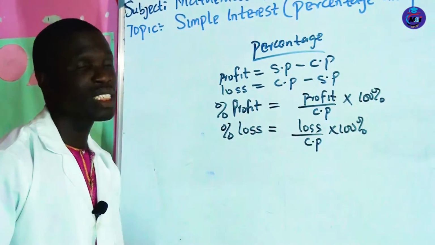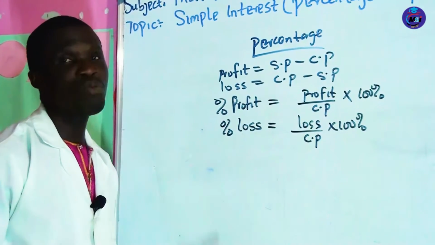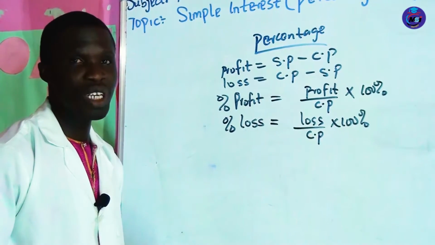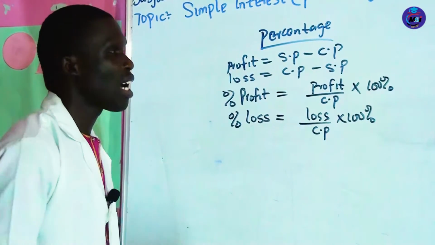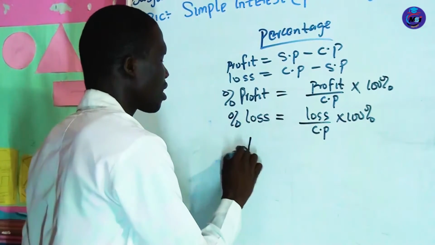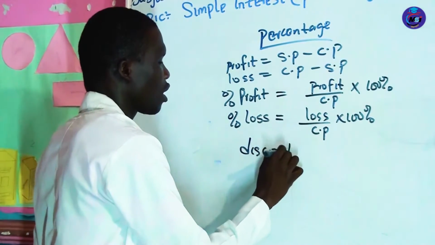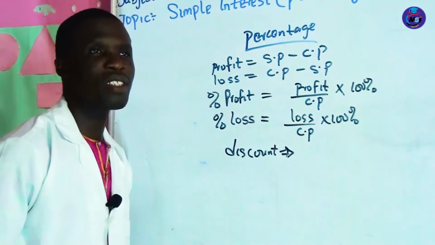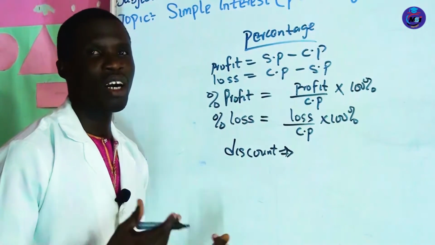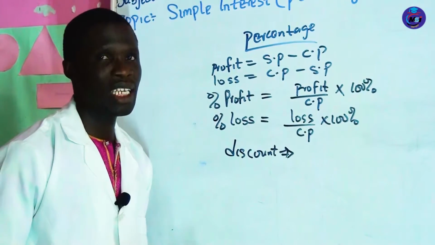Now I want you to study this, because by the time we start solving examples, we are going to apply this formula. In module 3 of junior secondary school, I explained discount to them, and I told them that discount is just like a reduction on the marked price.